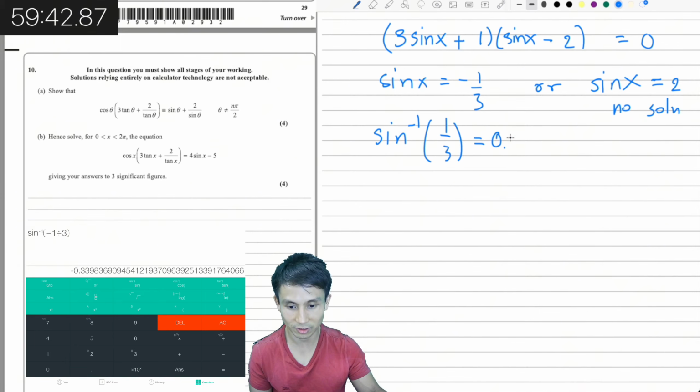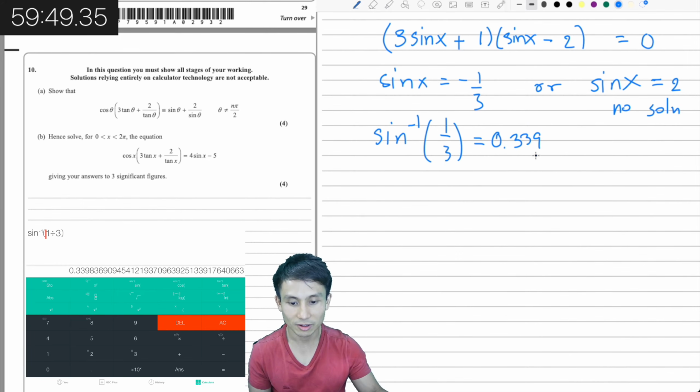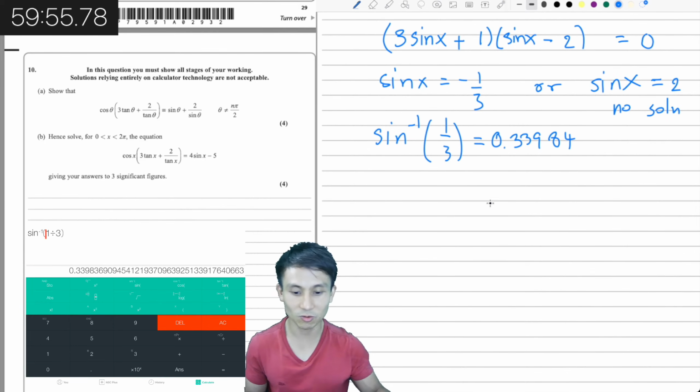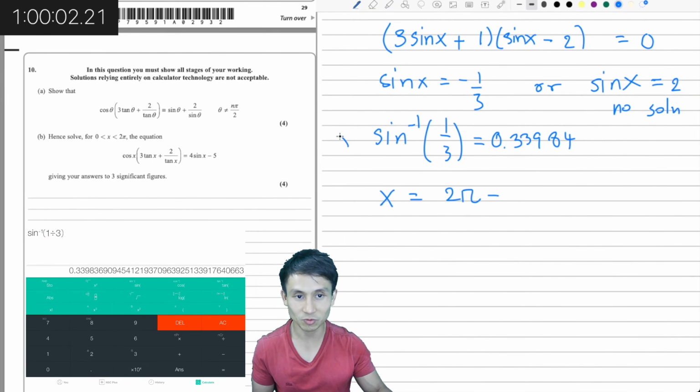It's 0.339. Yeah, if you change this to a plus, you're going to get that, yeah? 3 significant figures, so we do 5 maybe. So that's my basic angle in 5 significant figures. And then x would be 2 pi minus that angle, so we put this to alpha first maybe, 2 pi minus alpha.